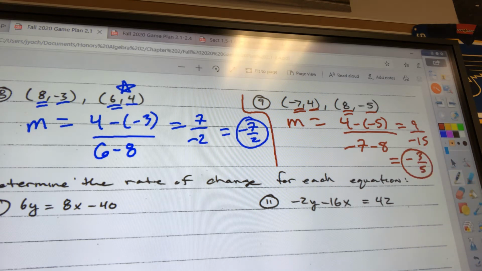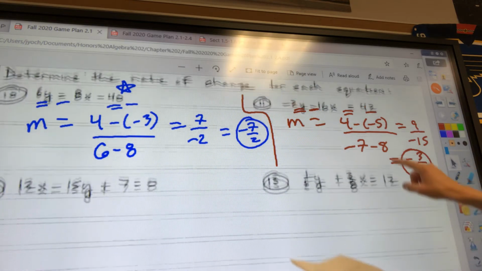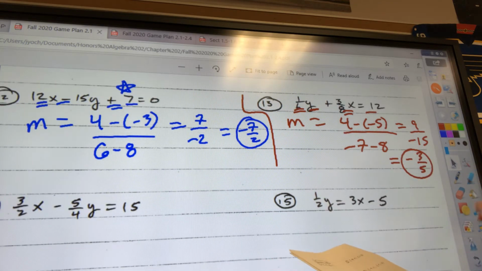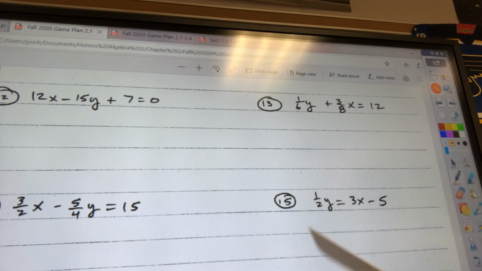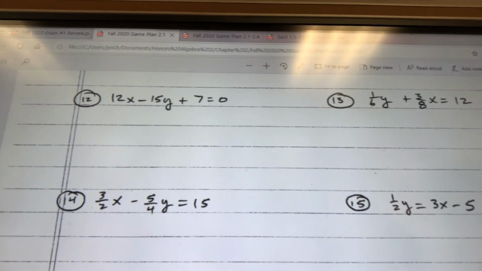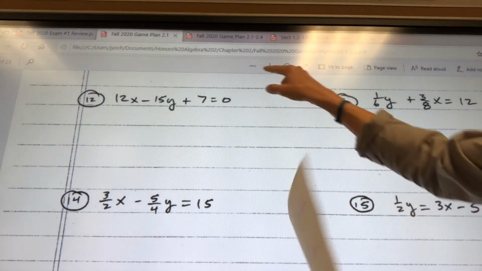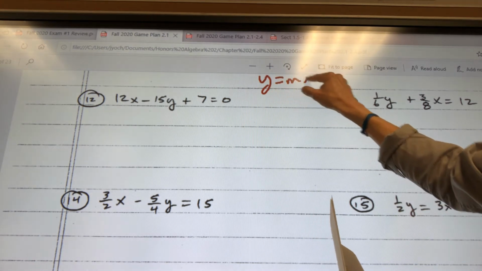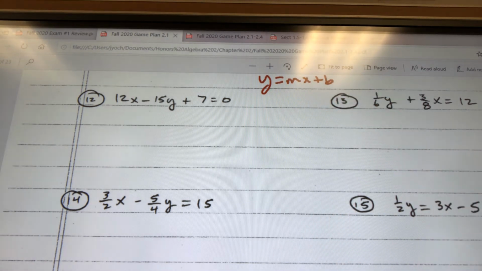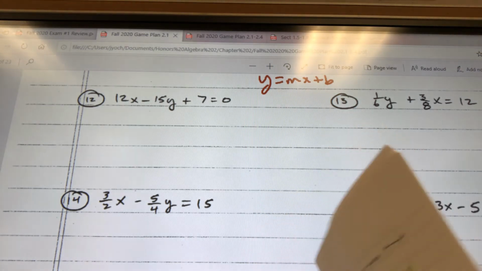All right. Then on the next section, determine the rate of change. Let's do these together. Determine the rates of change. Remember here, what am I working with? y equals mx plus b. So, a few different ways we can do 12.